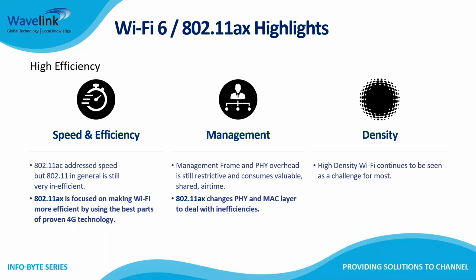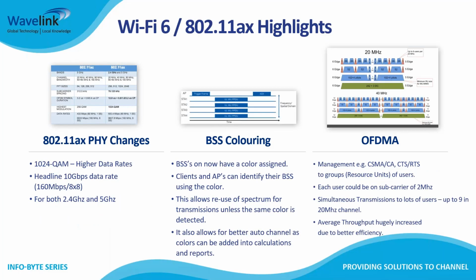So it's actually going to make that far more efficient as well. Density, again, 802.11ac did a great job of allowing for higher density solutions and better solutions when it came to high density. And this is just going to be compounded and improved once again with AX and the capabilities that it has.